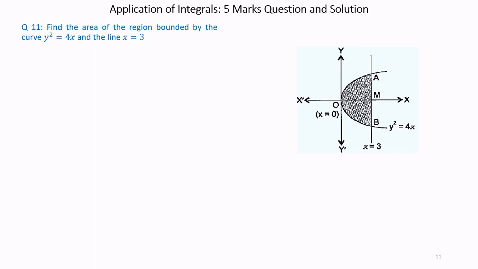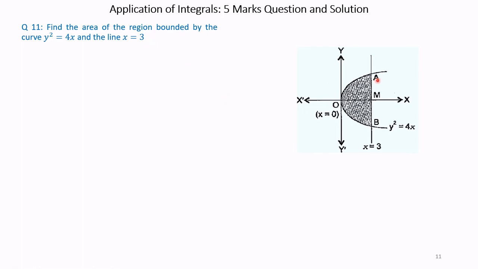Find the area of the region bounded by the curve y square is equal to 4x and the line x is equal to 3. So this is once again the equation of a parabola. Y square is equal to 4x, which opens rightwards, and the line x is equal to 3.